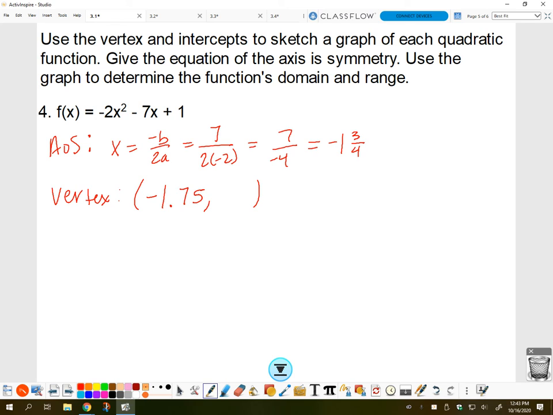All right, so if we take that -1.75 and plug it into the function, I'm just going to type what I just wrote right there in my calculator exactly like it looks.